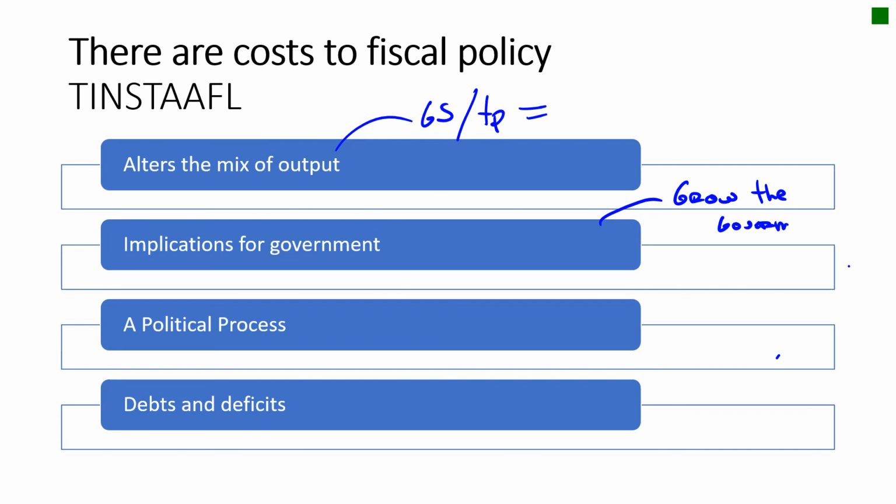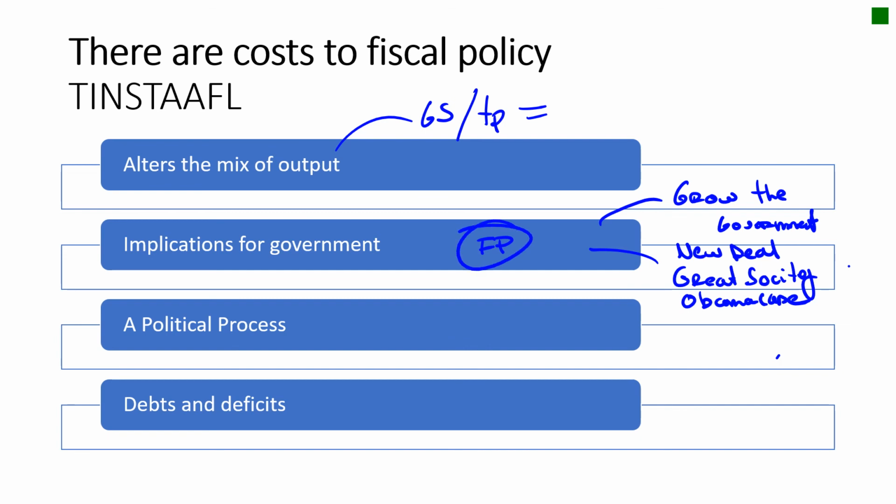Think of some of the major policies of the last 70 years, right? The New Deal, right? The Great Society, Obamacare, right? All of these things are versions of fiscal policy, and they have all grown the size of the government, and with that comes their own issues and challenges.